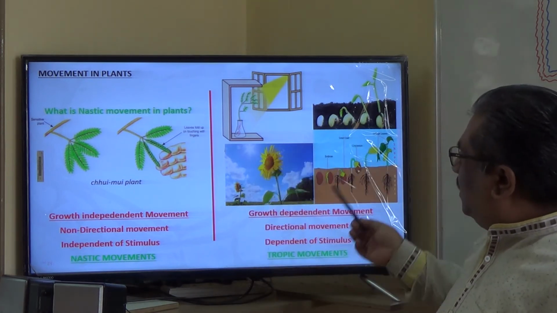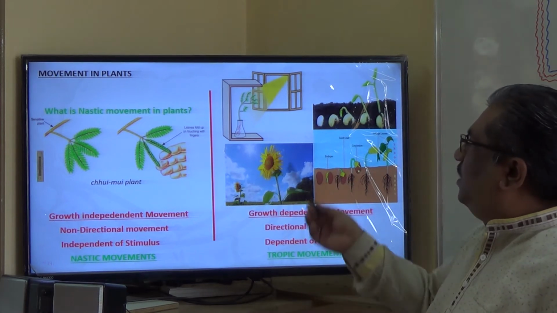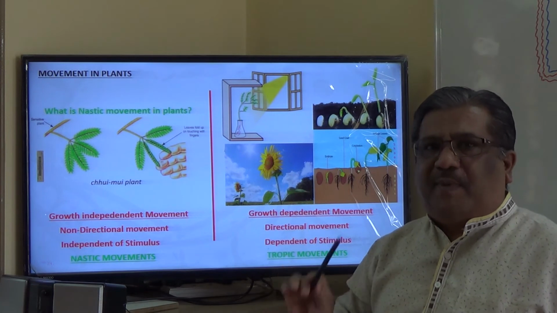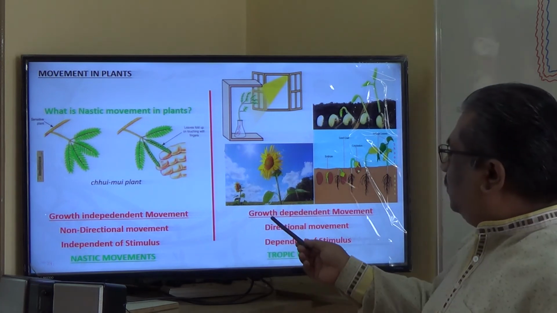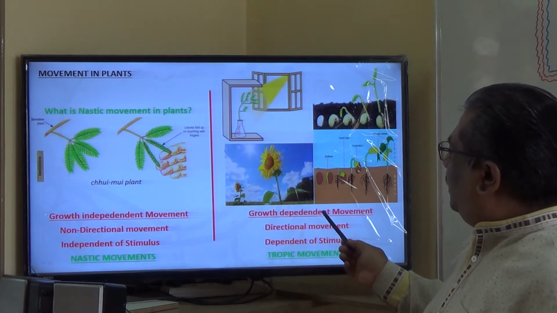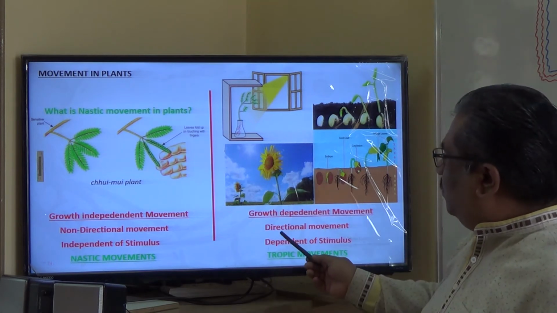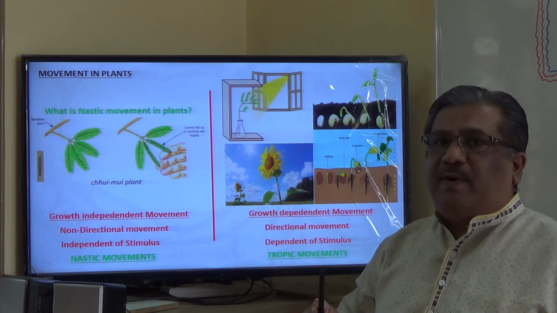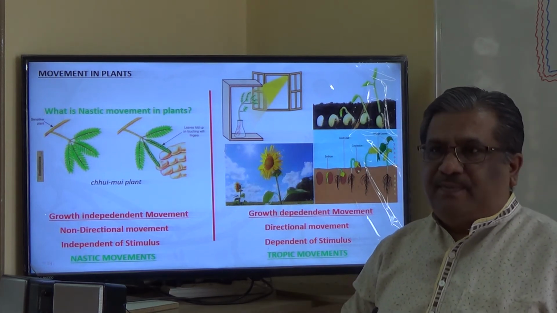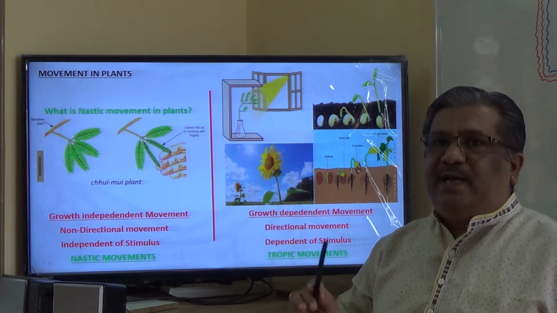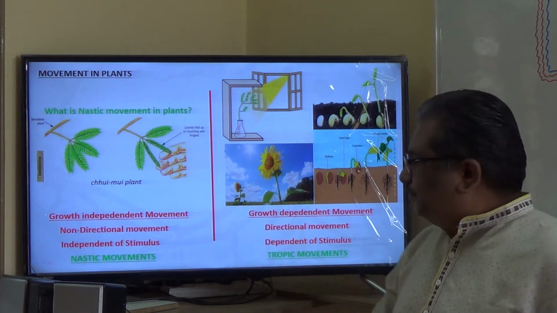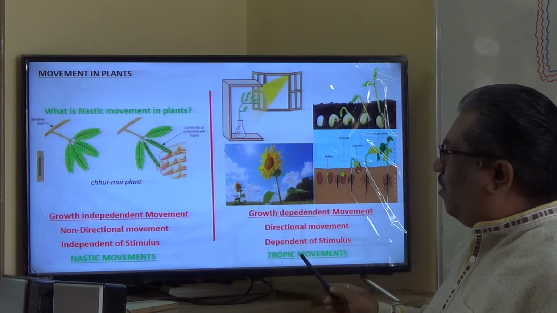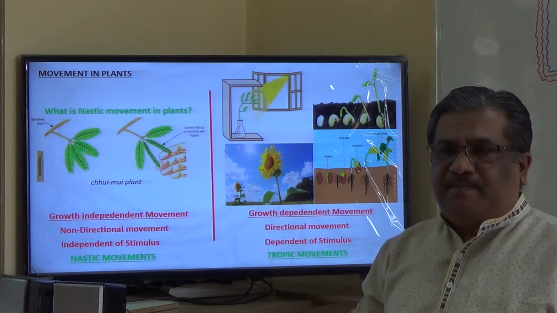So all these are the movements which are dependent upon the growth or controlled by the growth of the particular part of the plant. Therefore those are called growth dependent movements. Also these are directional movements. Also these are dependent upon the stimuli, or stimuli dependent movements, and therefore such movements are called tropic movements.